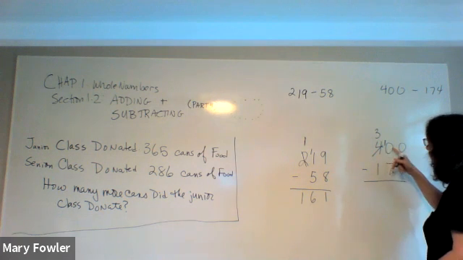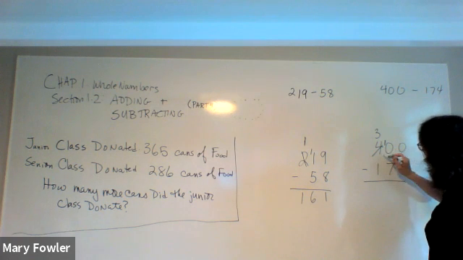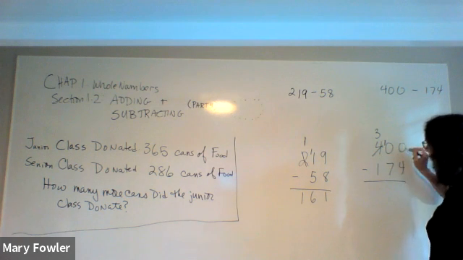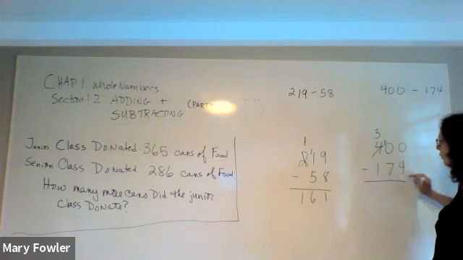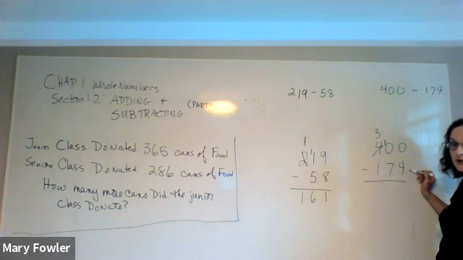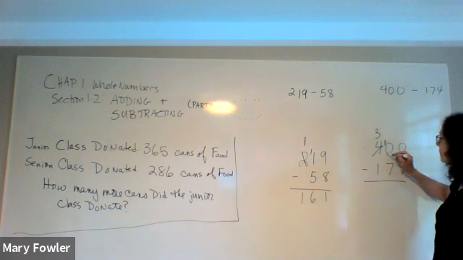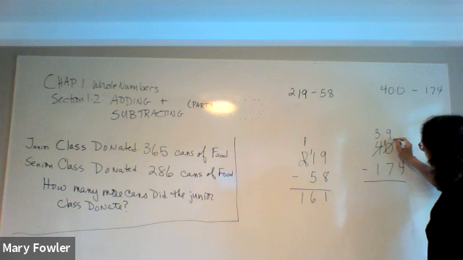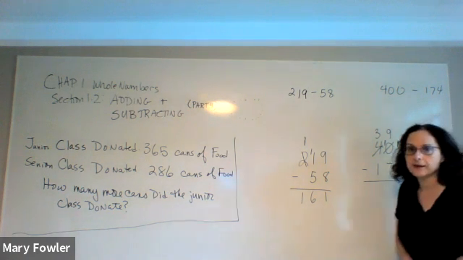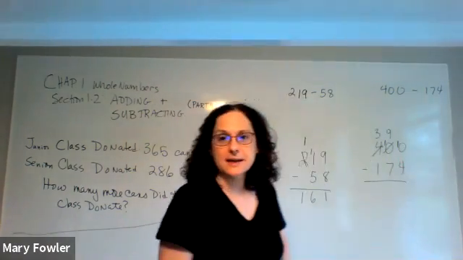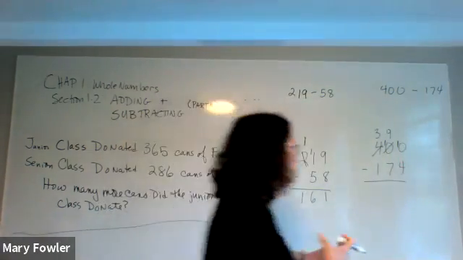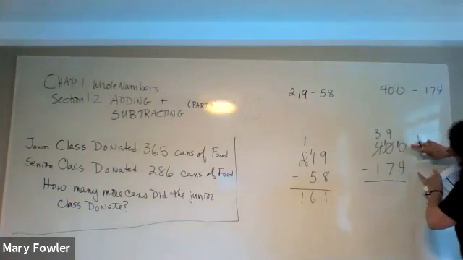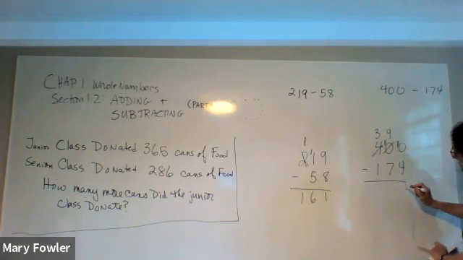Now we have to borrow 1 from the 10 because I still need that guy over here, so I can work on the subtraction with the digit 4. So we're going to take 1 from the 10, and that becomes a 9. And over here, my 0 becomes a 10. Okay, so now I'm set up. My units subtraction is 10 minus 4, which is 6.